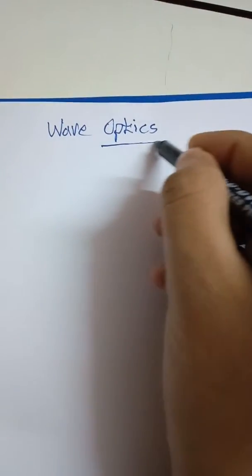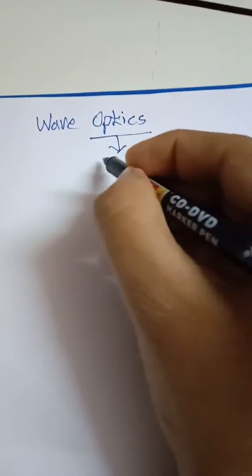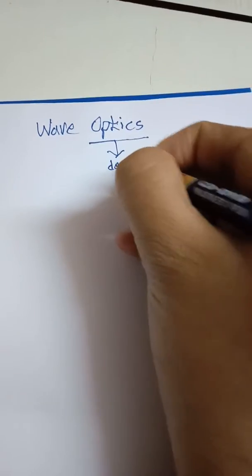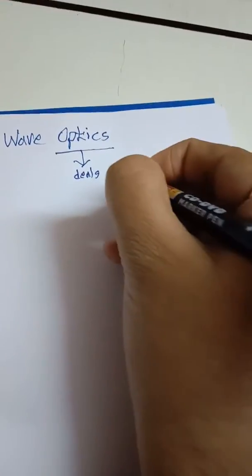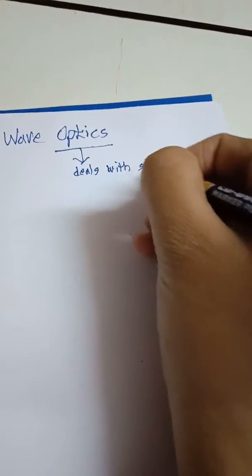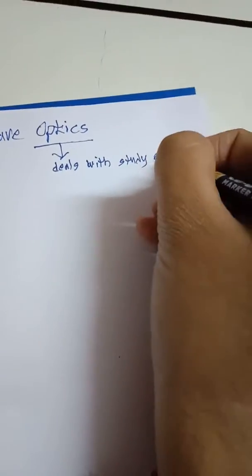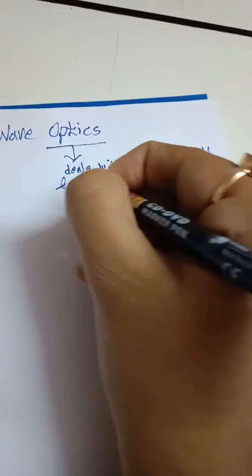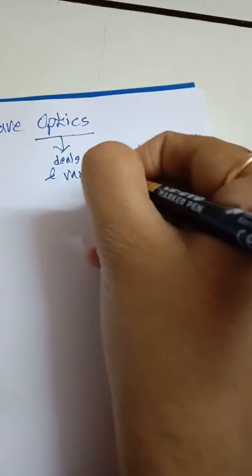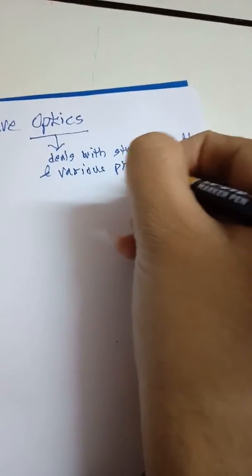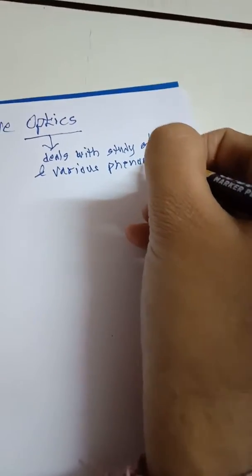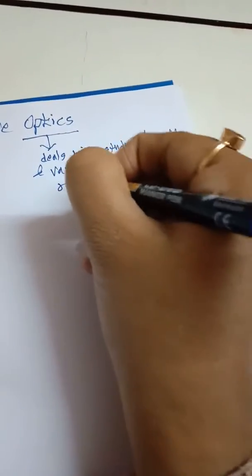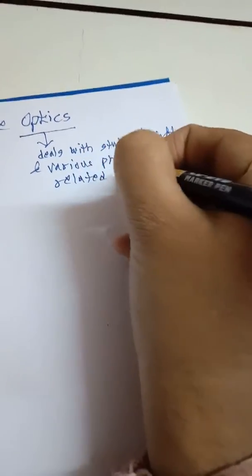So what is optics? First you should know, it is the branch of physics that deals with the study of light and various phenomena related to it. So what are the various phenomena?